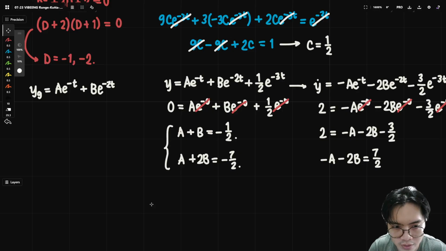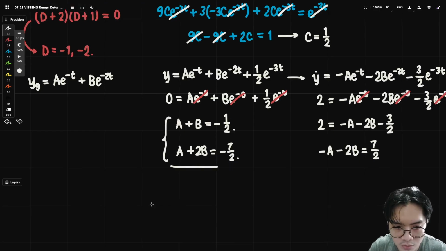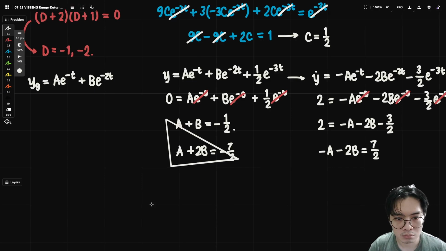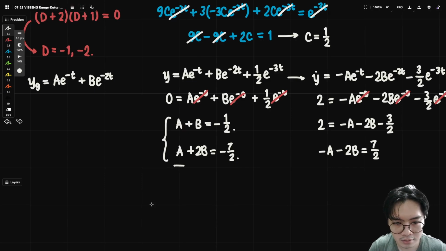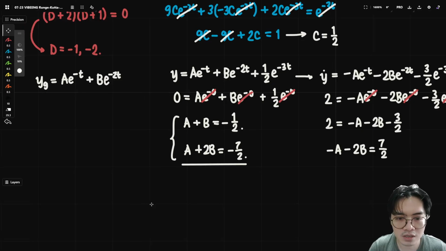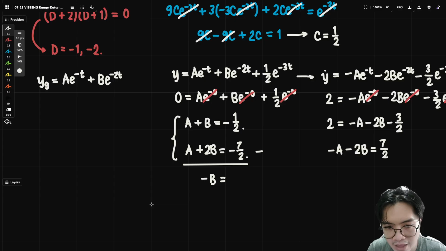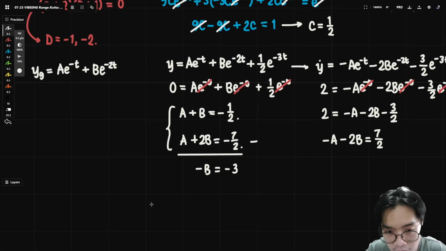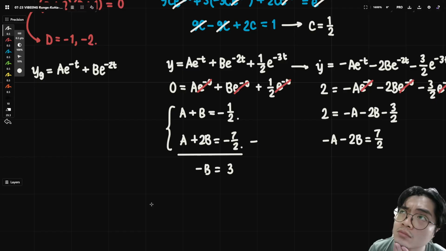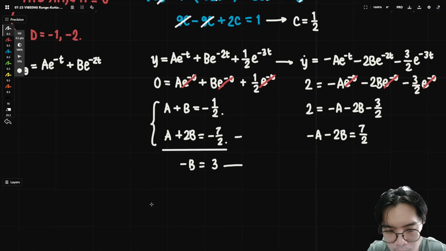Because this is now a system of equations, we can just subtract. A minus A cancels. B minus 2B is negative B. Negative 1 half minus negative 7 over 2 will be positive 3, rather. So that means your B is equal to negative 3.